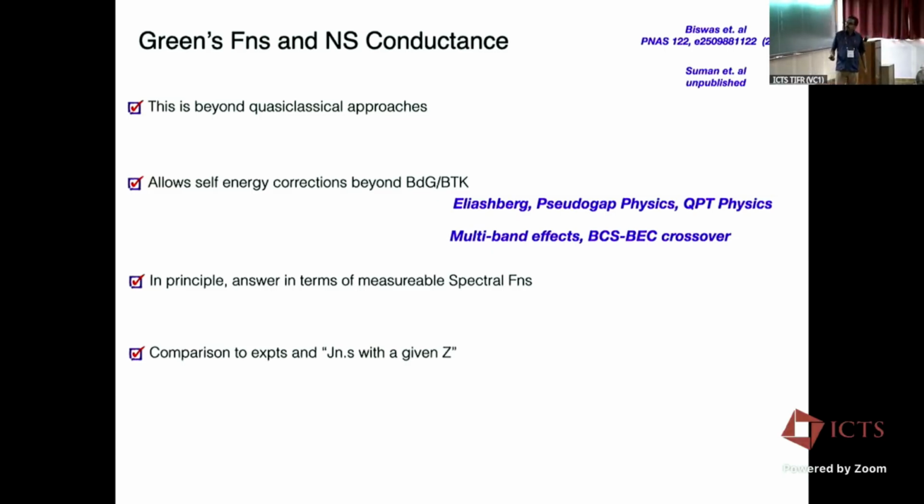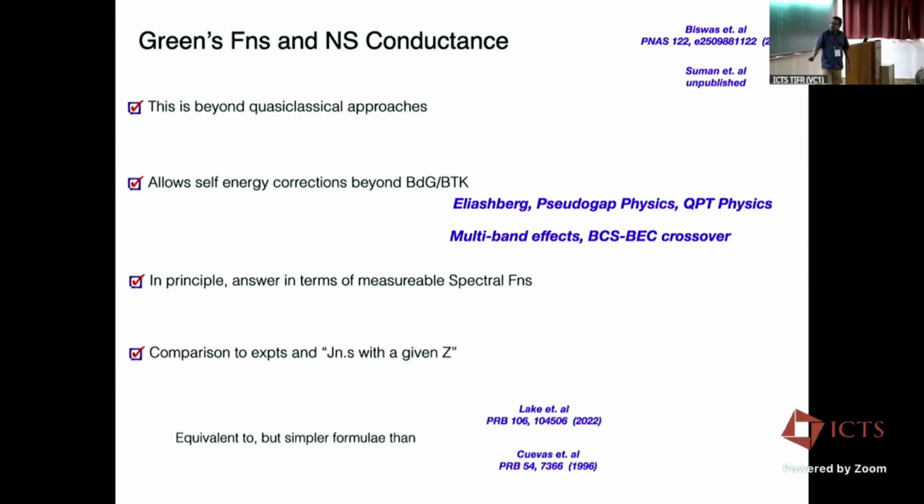And then you can do a comparison with experiments, etc. So the formula, in general, other than this subspace Green's function thing, is essentially similar to Kuiper's or Kempes' formula, but it has a much simpler form written in terms of measurable Green's functions, that's all.